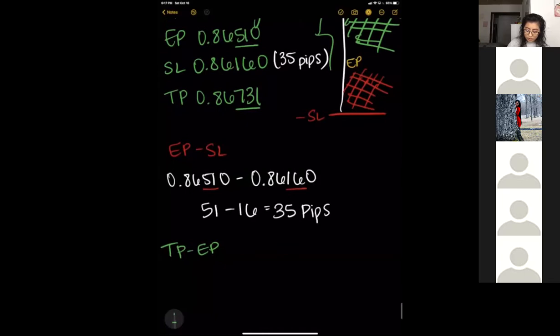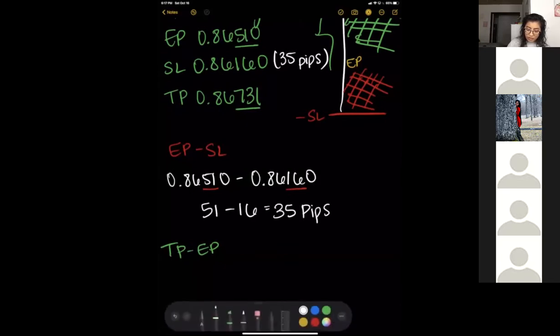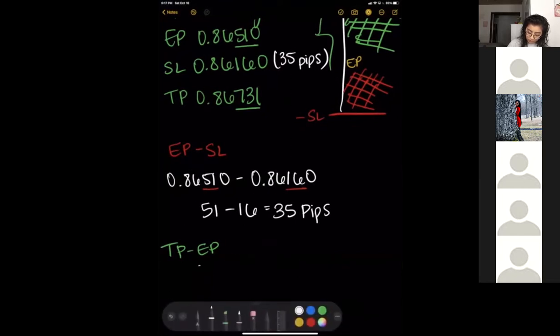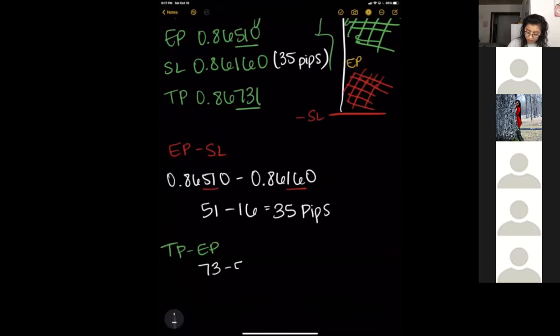So I'm going to do 73 minus 51. Okay, 73 minus 51 for take profit 1 is 22 pips.